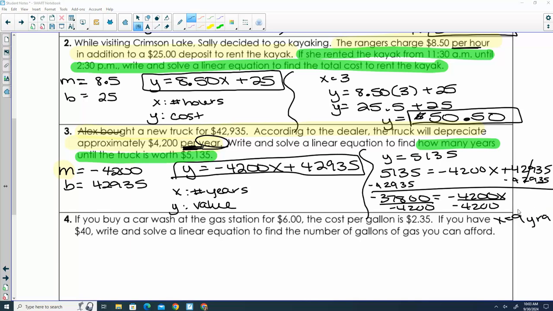So it takes 9 years. So I am expecting labels on your final answer. So that one had the extra little piece where it was losing value, so our slope was negative, but otherwise the same kind of idea.